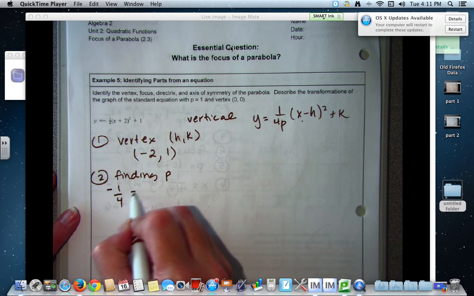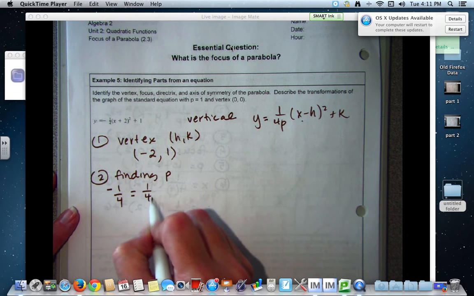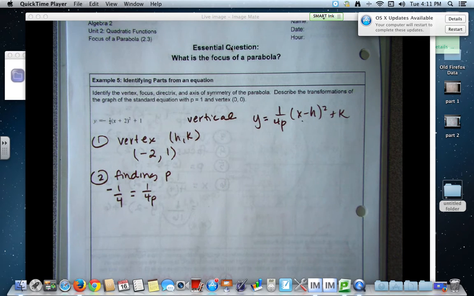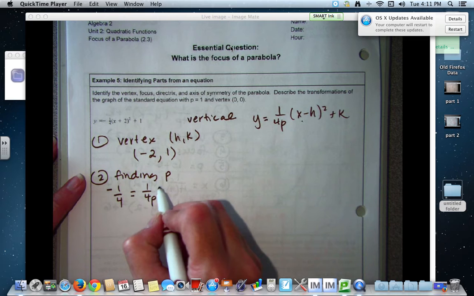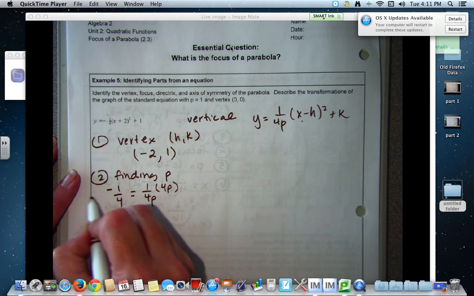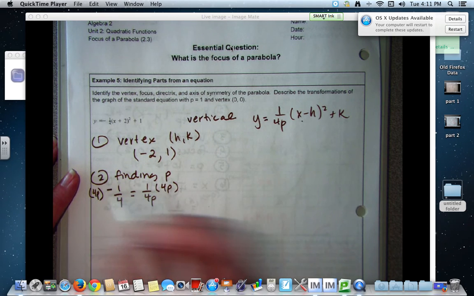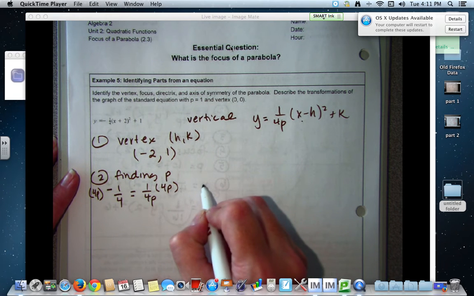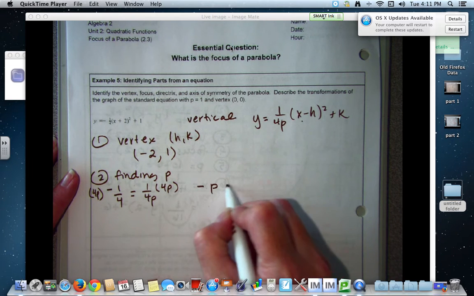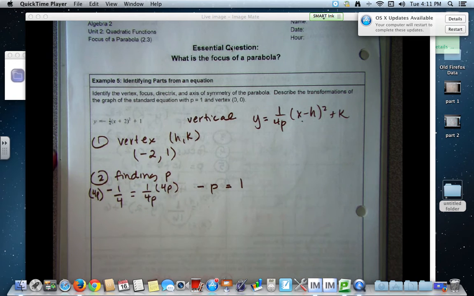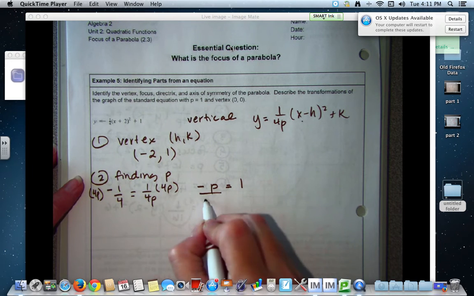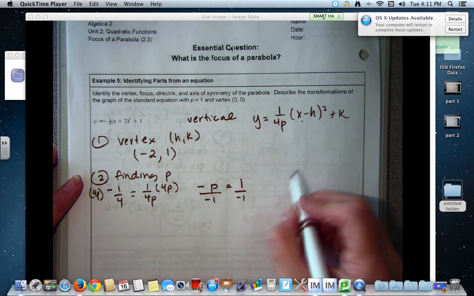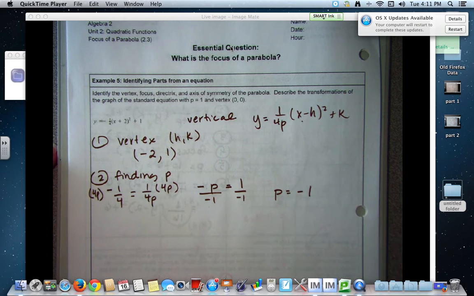We set that equal to 1 over 4p, like we did yesterday. We multiplied both sides by 4p. So that gives us negative p equals 1. And like yesterday, we did not want a negative p, so p is equal to negative 1.